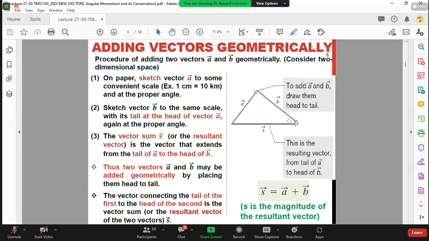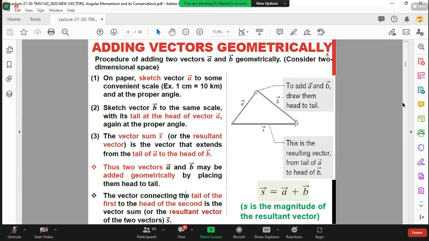You have to use a ruler and measure the length of the resultant vector, and you rescale it, reverse the scale, and you can find the actual length of the resultant vector S. You can think of two forces acting on an object, and you can use the graphical method also to add them.